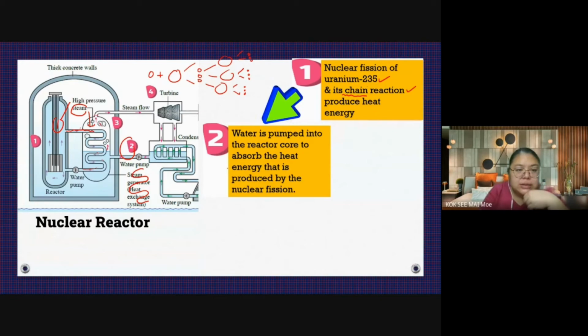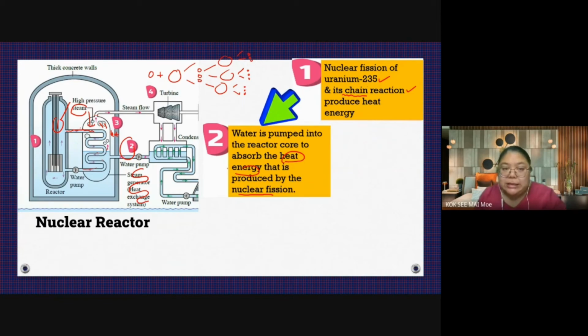So now you have steam, a hot steam, and this hot steam makes the water inside the loop become hot. So the water is pumped into the reactor core to absorb the heat energy that is produced by the nuclear fission. When starting, the water at the bottom may be a bit cool, but because you produce the gas, the water becomes hot.